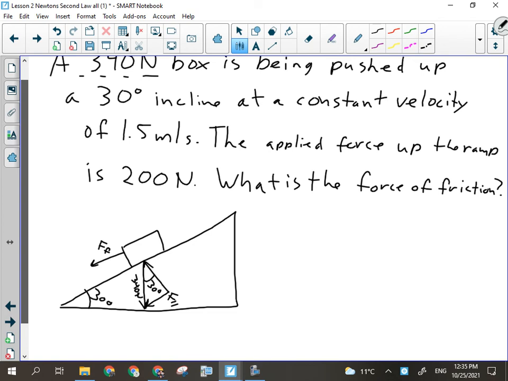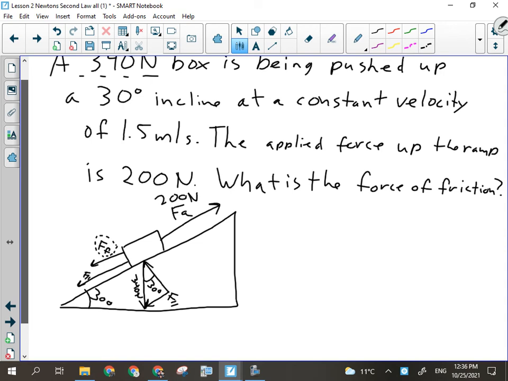Force parallel, right? Force parallel is acting down the ramp, and what's acting up the ramp? An applied force. I know the applied force is 200 newtons, so I know the value of this. I'm being asked to calculate this.